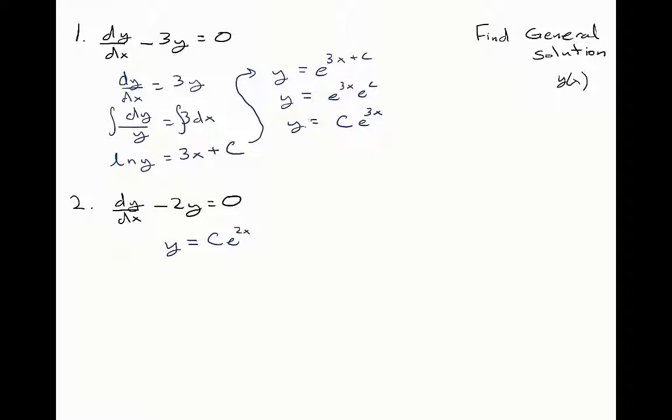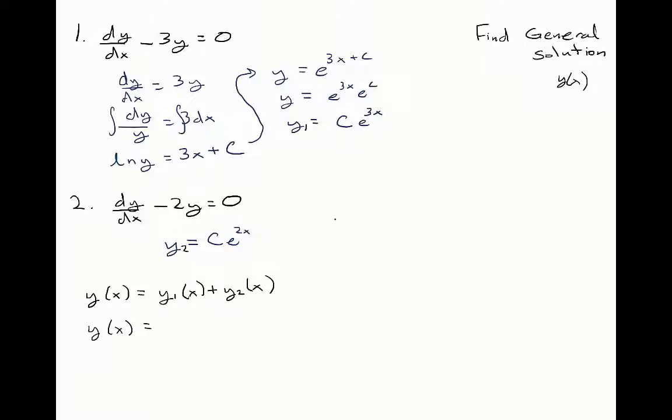So I'm going to call this one y1 and this one y2. So our general solution to the original equation is a linear superposition, which is a fancy way of saying adding up, of the two solutions we just found.